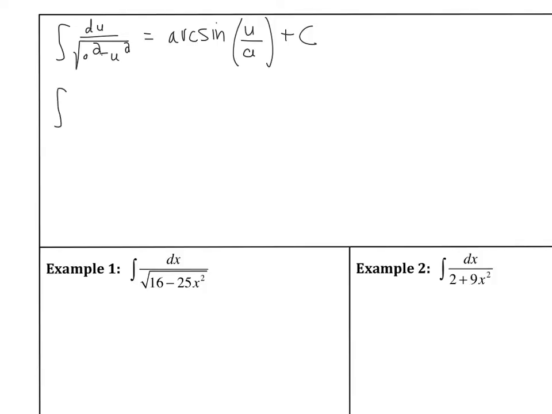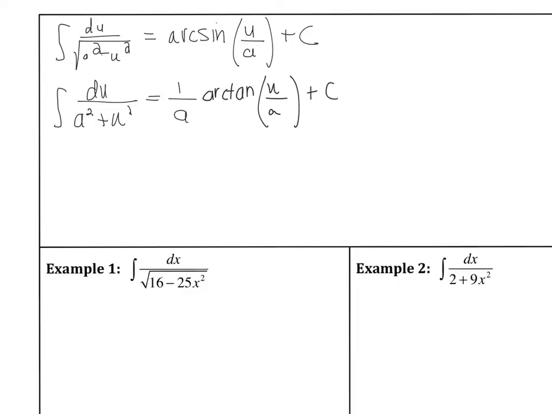Something of this format, the antiderivative of a squared plus u squared in the denominator, will go to 1 over a times arctan of u over a plus c.